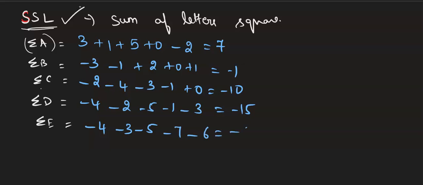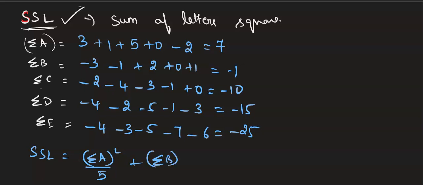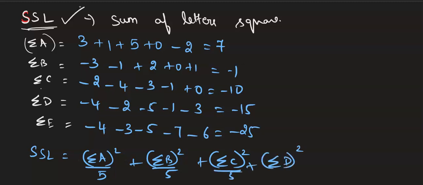So after writing the letters, the formula for SSL is the summation of A the whole square by, again for letter A, how many times did it come? 5 times, plus summation of B the whole square by 5, plus summation of C the whole square by 5, plus summation of D the whole square by 5, plus summation of E the whole square by 5, minus the correction factor.